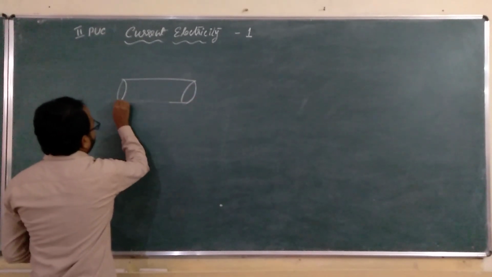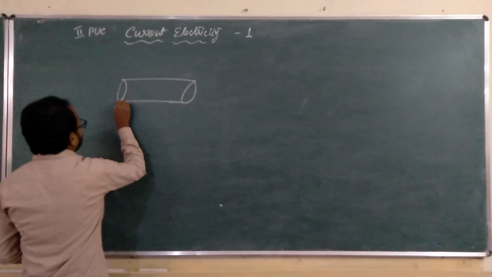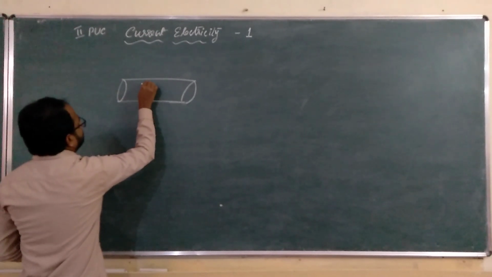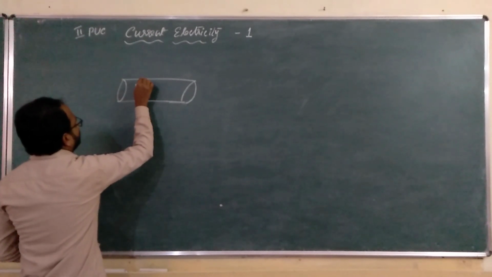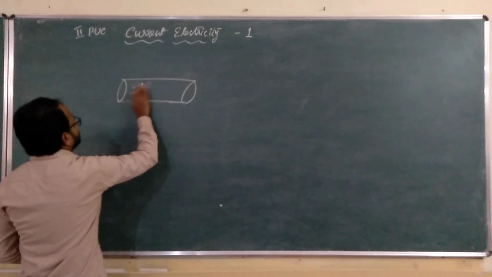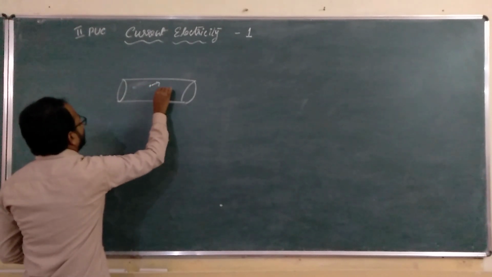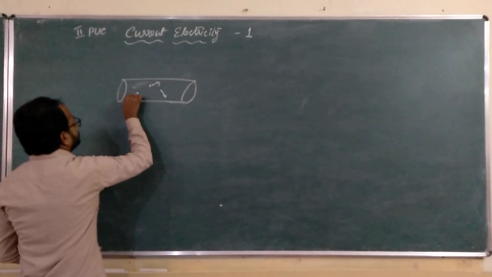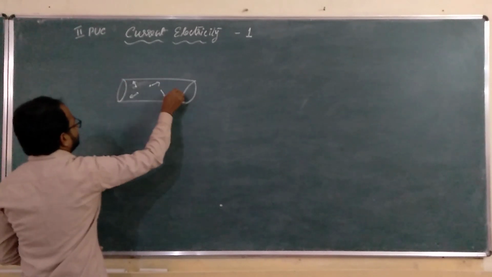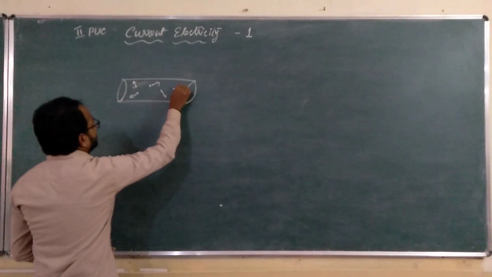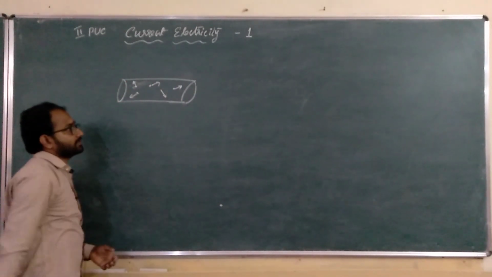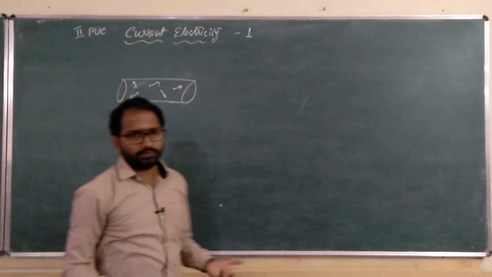Here the electrons are in random motion, they move in all possible directions due to thermal energy; they have thermal velocity. We say that they are randomly moving.